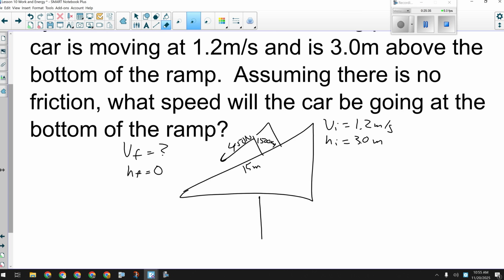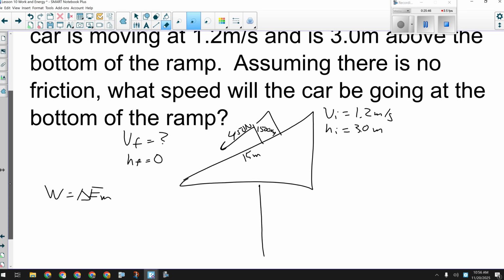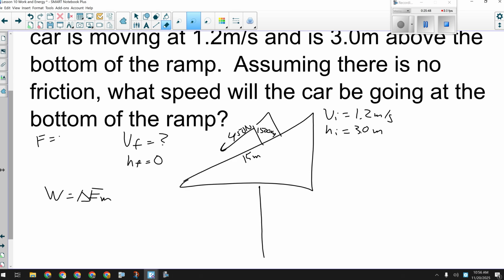Well then, let's start this from an energy perspective. Work is a change in mechanical energy. This question actually gave me both the force, 450 newtons, and the distance, 15 meters.